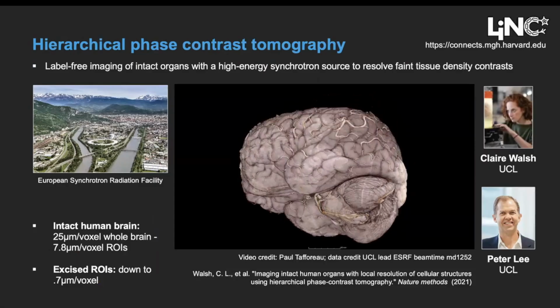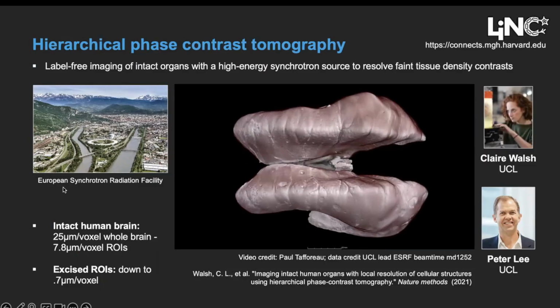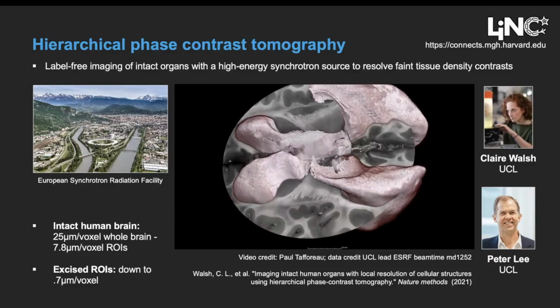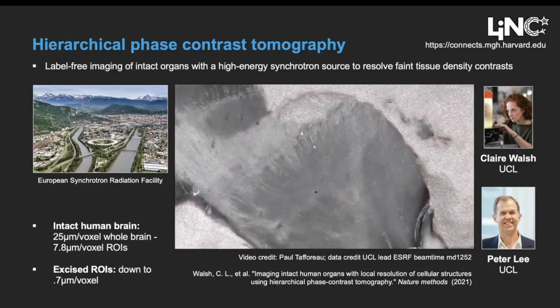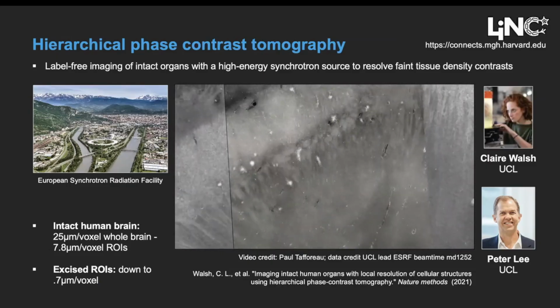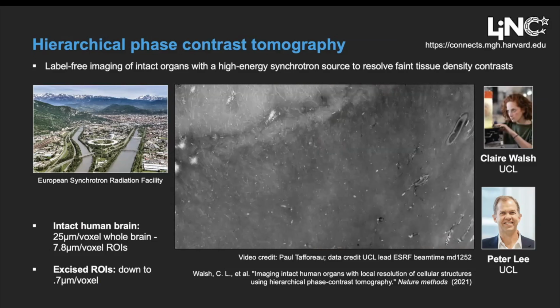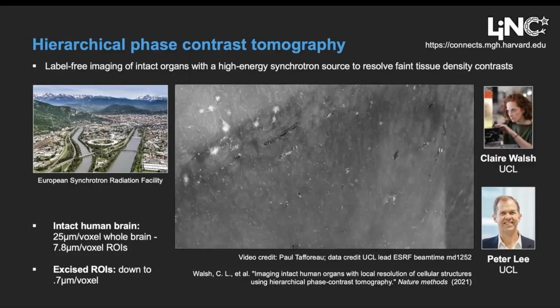These are data that are collected only in one place in the world, the European Synchrotron Radiation Facility in the French Alps, showing how in the same brain, they can collect an overview scan, and then they can zoom into cylinders within the brain and collect data with a resolution of a couple of microns.